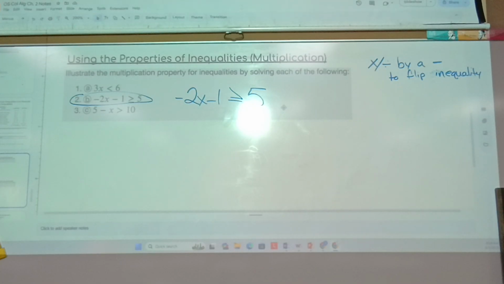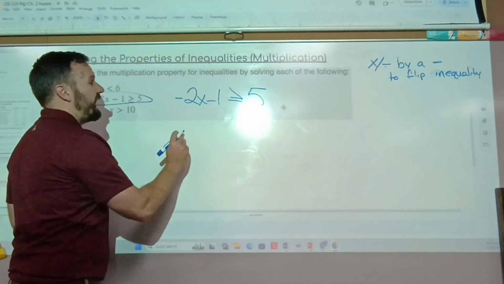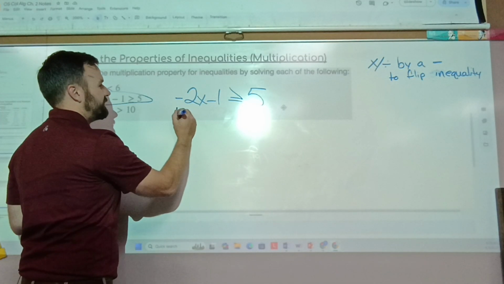Instead of that, could I just add 2x to both sides? And then will I ever multiply or divide by a negative? No. If I avoid that, I never have to think in my head, do I need to switch the sign or not? Does that make sense? That's good test-taking advice. If you forget your rules, just make it so you don't have to do it. It's actually almost the same number of steps.